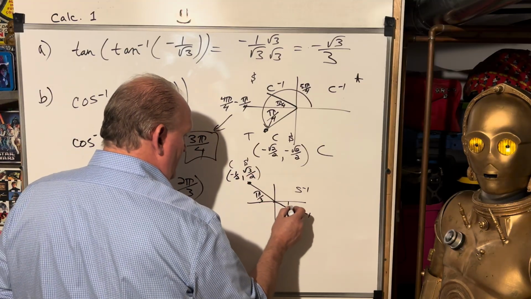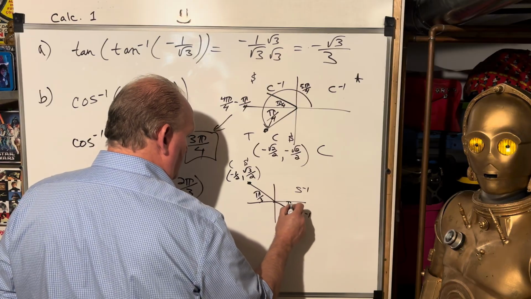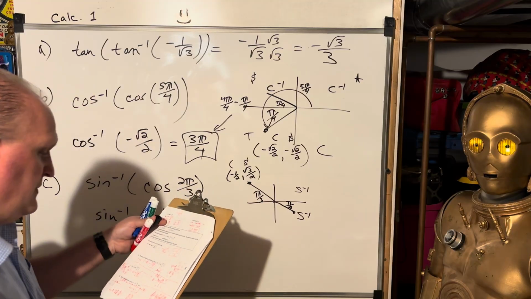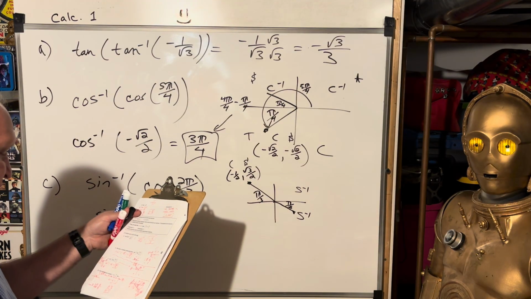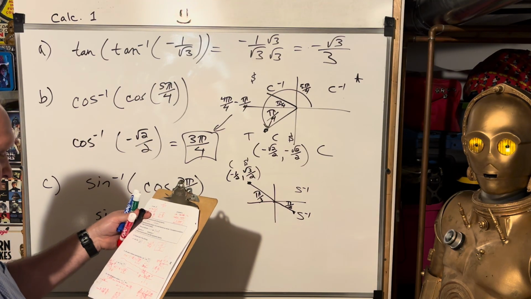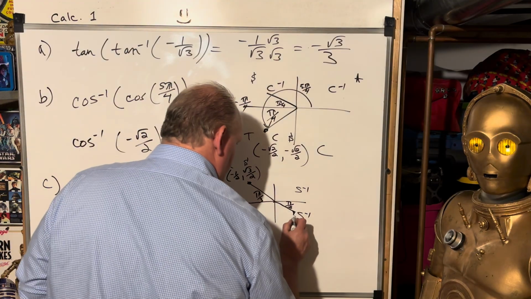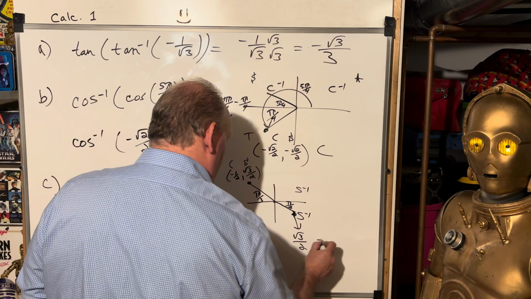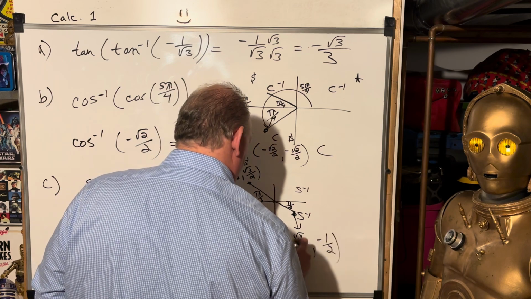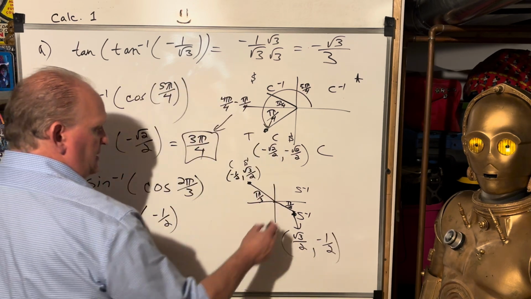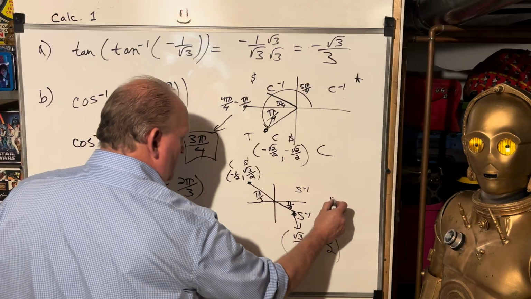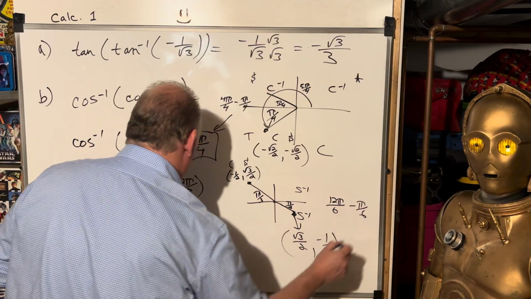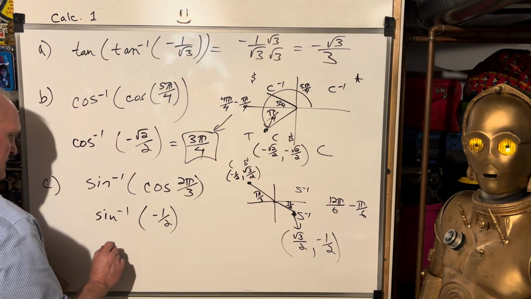Now we're on pi over 6. To get me my square root of 3 over 2 and negative 1/2. And so to get there, that's 12 pi over 6 minus pi over 6. So that's going to be 11 pi over 6.